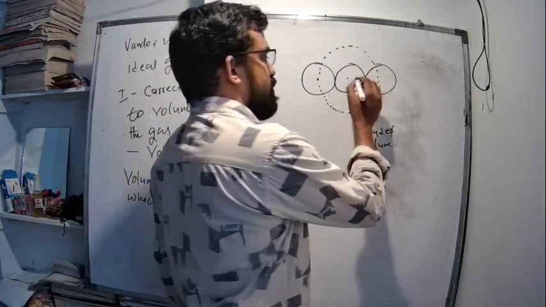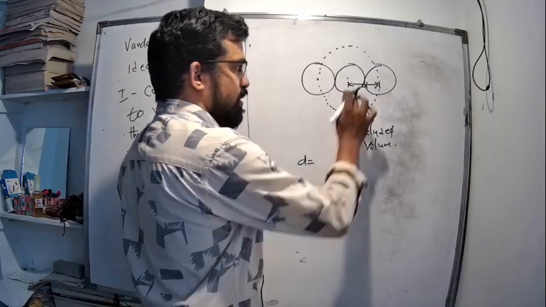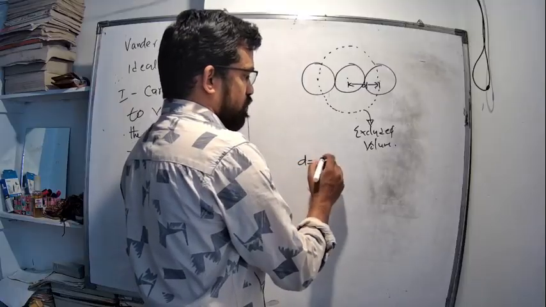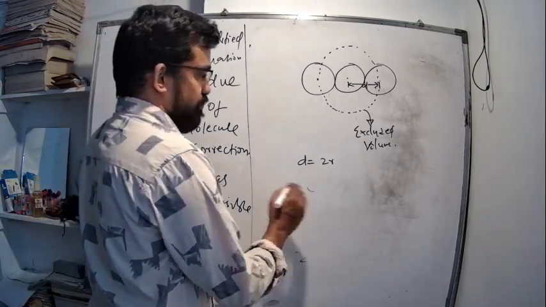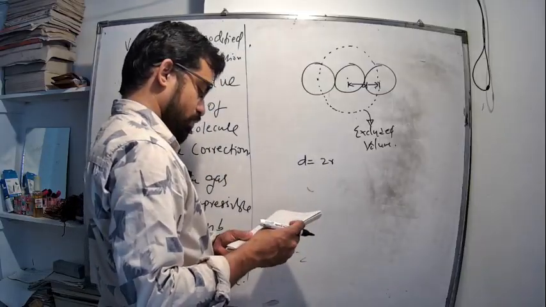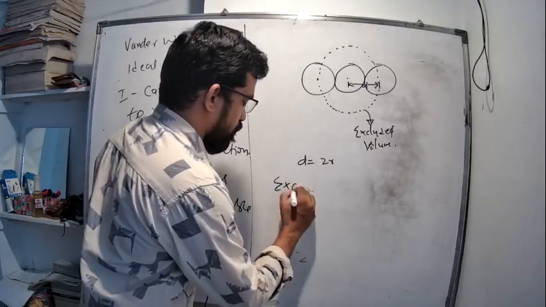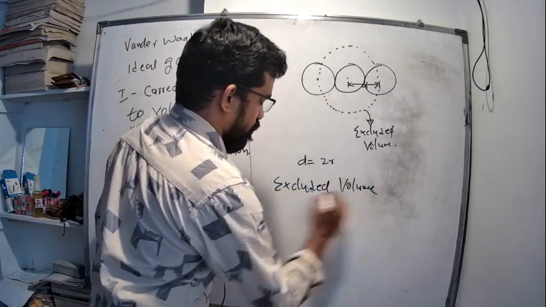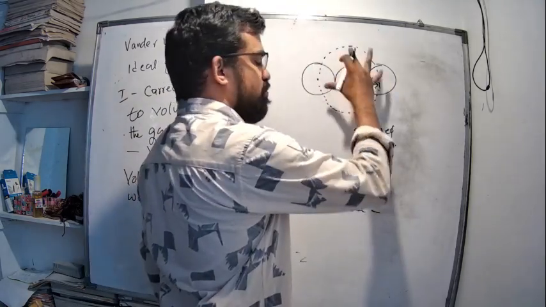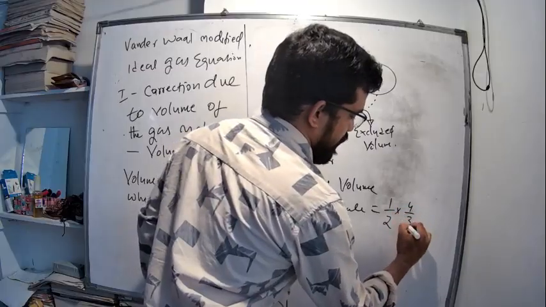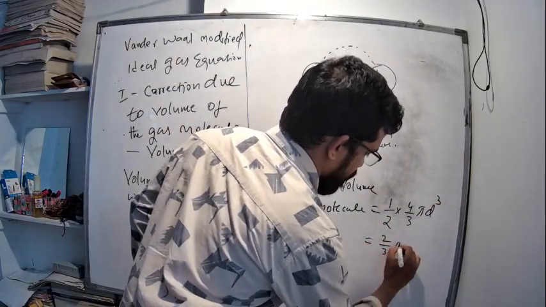Say the distance between them is d, then d = 2r, where r is the radius of the molecule. The excluded volume per molecule: because this is for 2 molecules, you can say 1/2 into 4/3 pi d cube, that is 2/3 pi d cube.